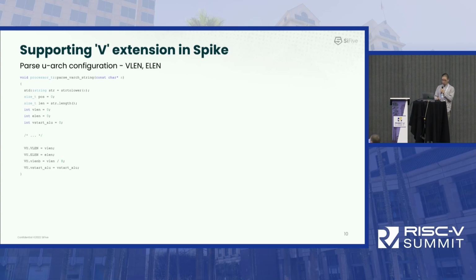In the 1.0 specification, we have new sub-extensions like Zve and Zvl, which are responsible for such configuration. Spike was developed along with the development of the vector extension, so the simulator currently does not support configuration of VLEN and ELEN through the Zve and Zvl sub-extensions. Right now, you can configure them through the varch option.